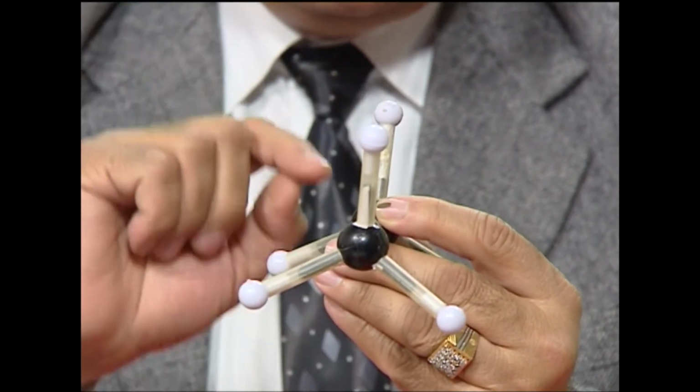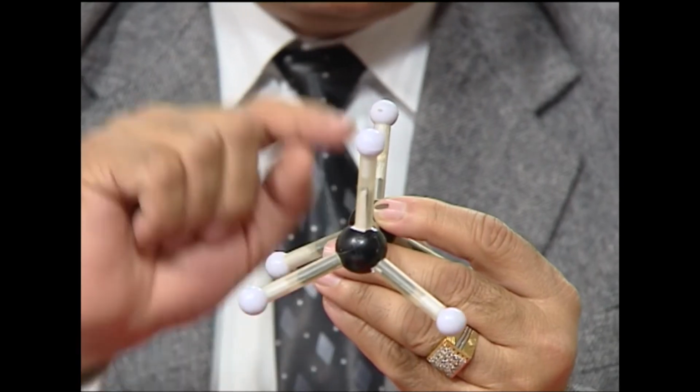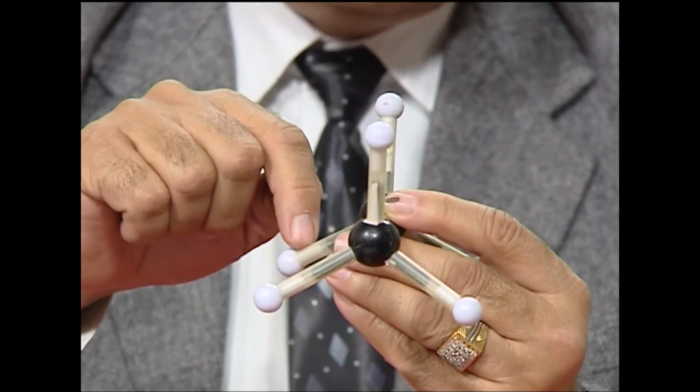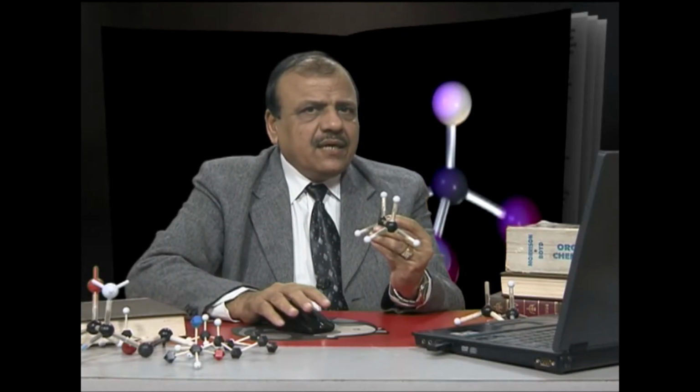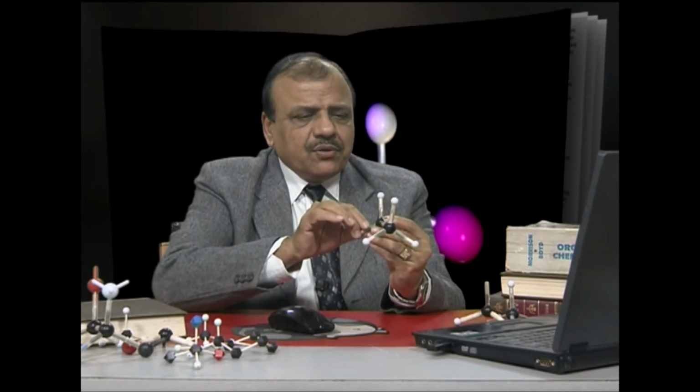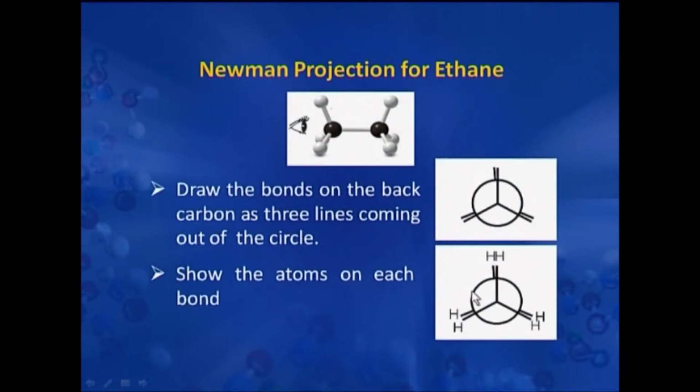Then we draw three lines from the periphery of the circle representing these three bonds, and then we write the atoms on each of these bonds. So this represents the Newman projection for ethane in eclipsed conformation.